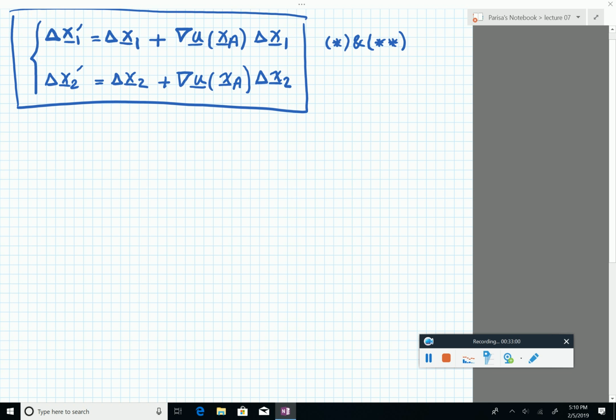Now, what do we see here? What did I start with? I said I want to get a strain, and a strain is related to the change of length and angle. And what we have here is a vector equation. So you have vectors. Look at the equation. I have the length in the deformed configuration equal to the length in the reference configuration, plus something times the length in the reference configuration.